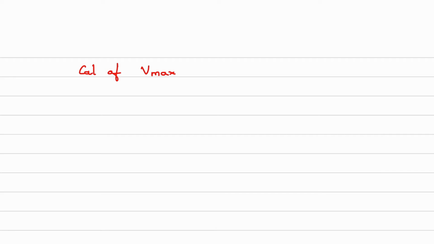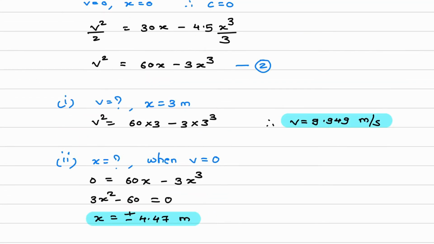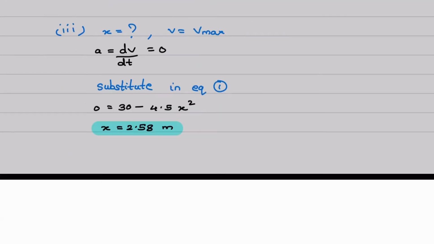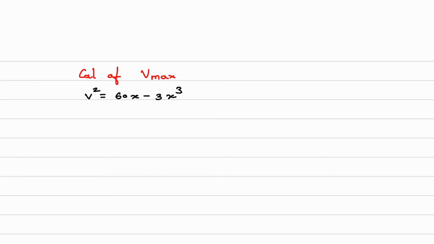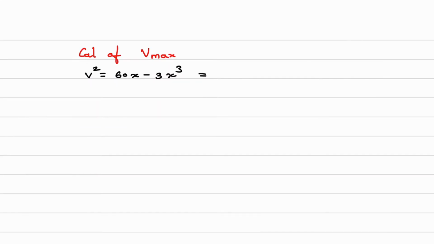V square is equal to, what is that equation? 60x minus 3x cube. X value is 2.58. 60 into 2.58 minus 3 multiplied by 2.58 cube.